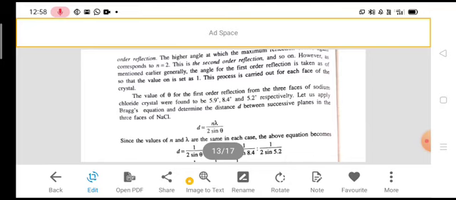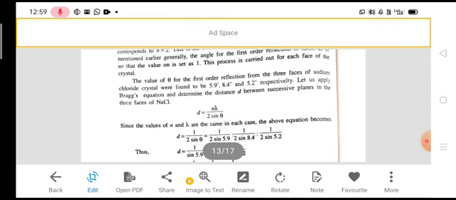So here we consider the angle for the first order reflection, with n equal to 1. This process is carried out for each face of the crystal.